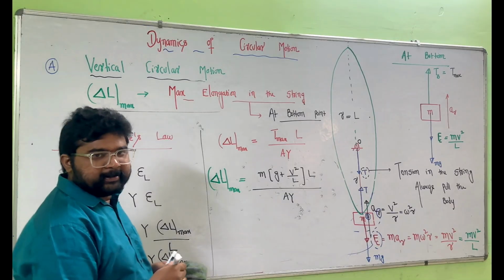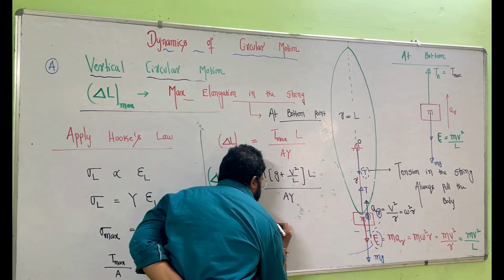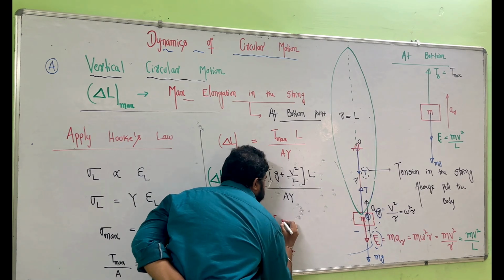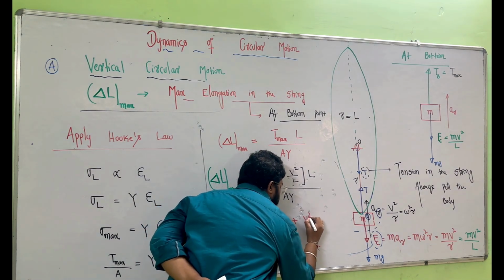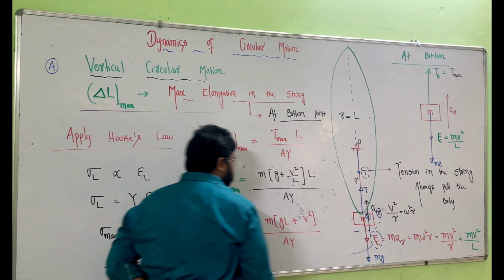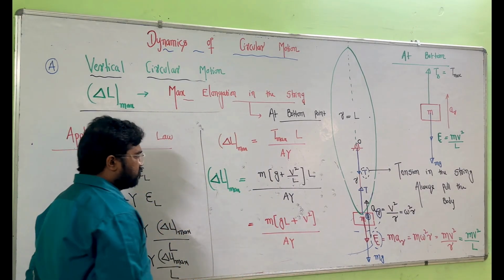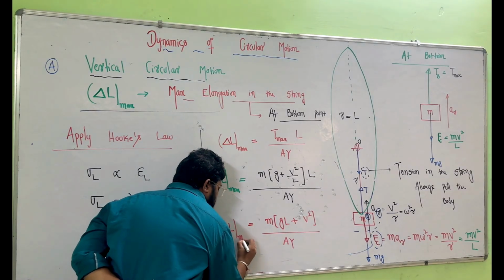Are you clear? So here you will get m into gL plus v square, divided by AY. That is the maximum elongation in the string.